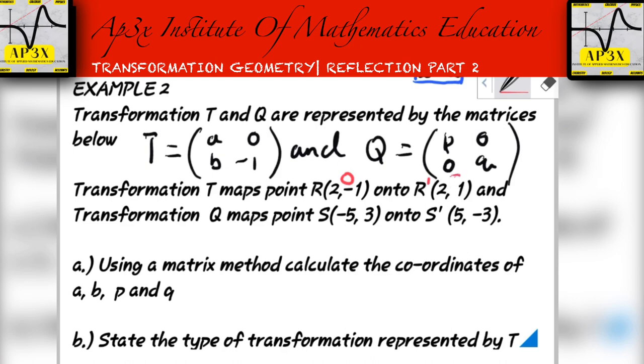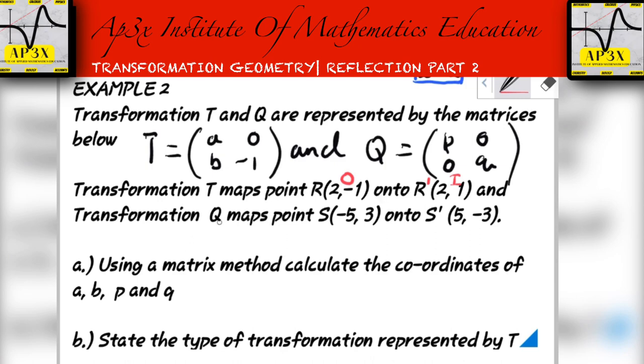So this is our image. So basically we're going to try to find the values of A and B that would cause 2, -1 to map onto R prime, 2, 1. We could use advanced knowledge and skip through the whole calculation, but I don't want to do that. I want to show you how to calculate.